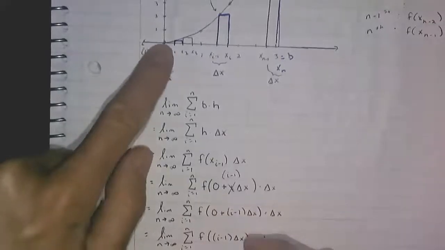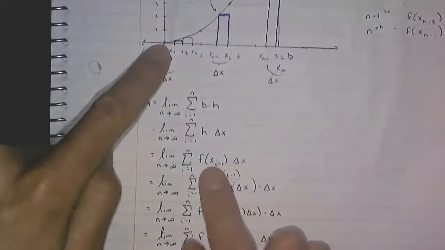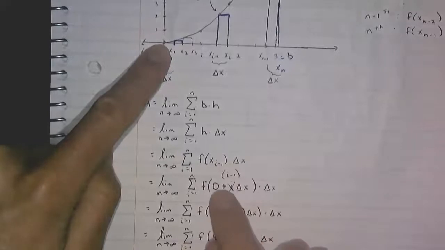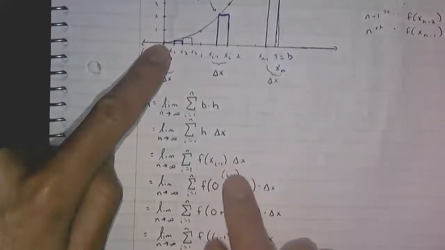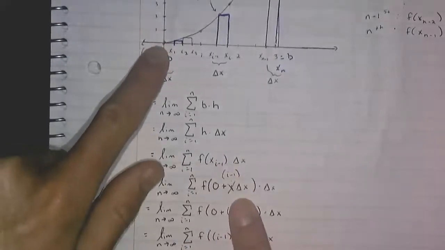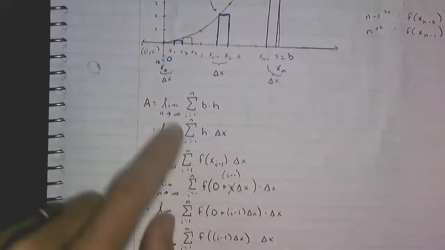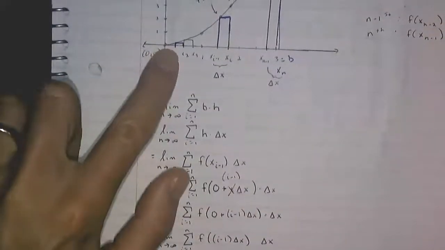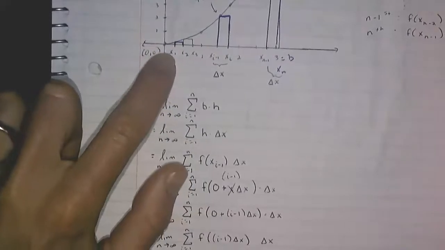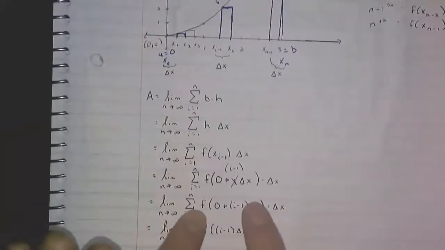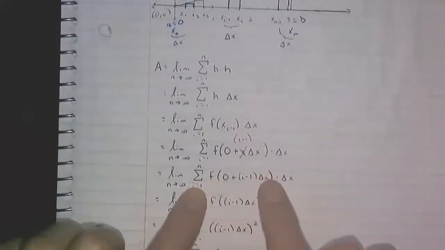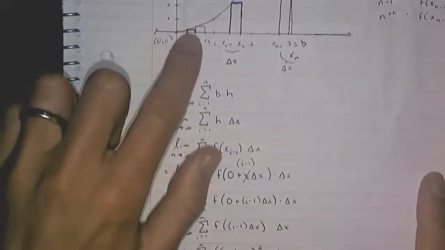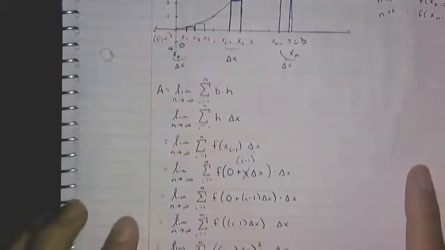Because our first value here was x sub 0, and so 0 plus no delta x's gets you that. Our second one was going to be at x sub 1, so that's 1 delta x away. So when you plug in a 2 here, that gets you 1 delta x away. When you need the third triangle, you need to be 2 delta x's away, and so on and so forth.